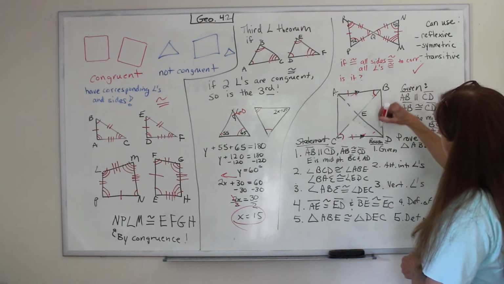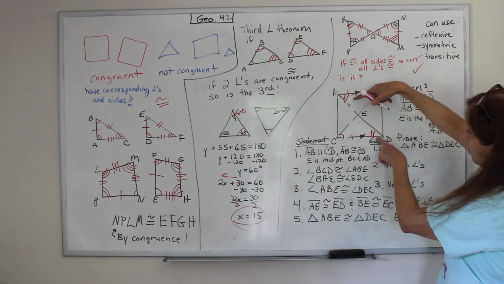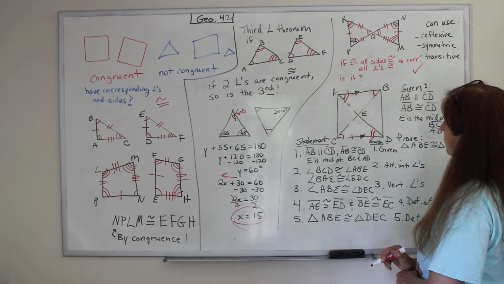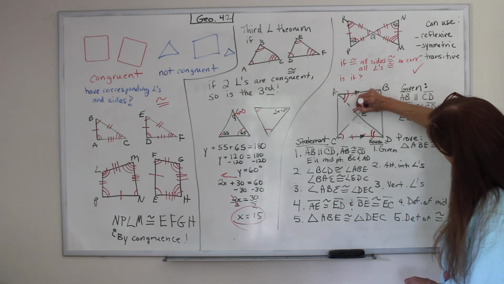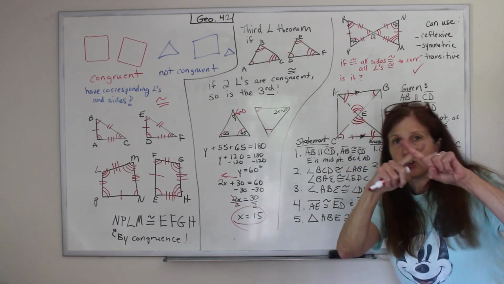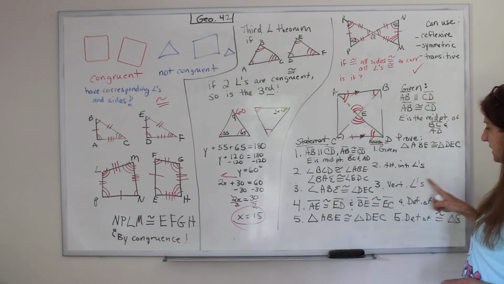This cuts across here, so this one is congruent to that one. They're alternate interior angles. Then we could say that this angle is congruent to that one by vertical angles. E is congruent to itself.